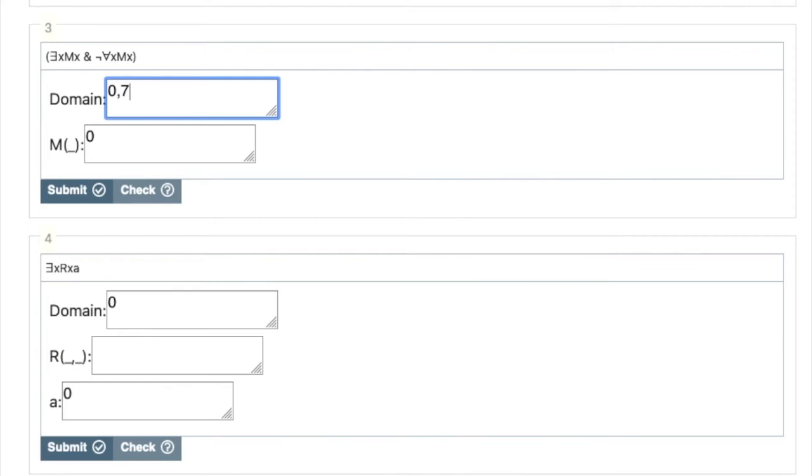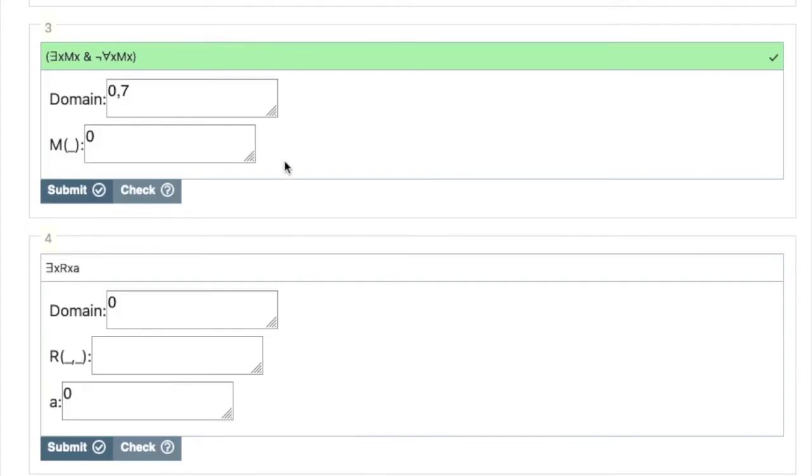Here, I'm going to put the numeral 7. So our universe of discourse is 0 and 7. Extension of M contains 0. So exists x Mx is going to come out true because there's something which we could plug in to make Mx satisfied. But it's not the case that all x Mx.